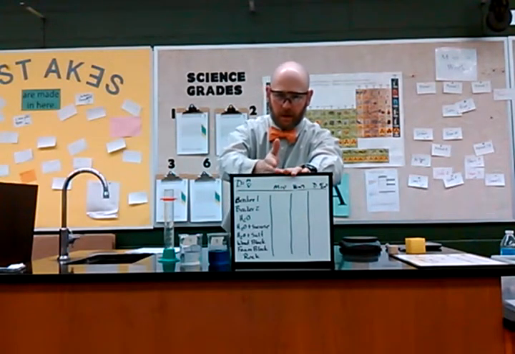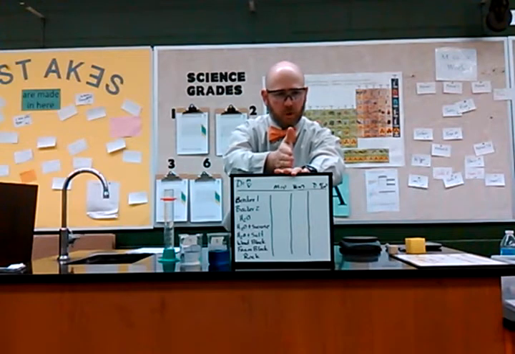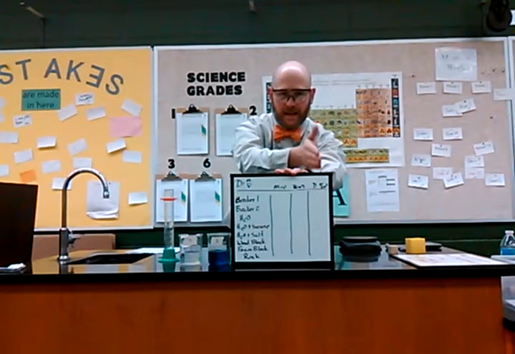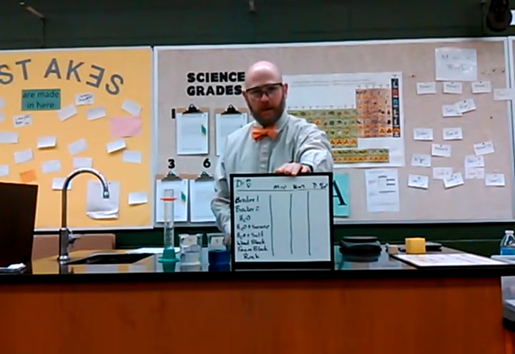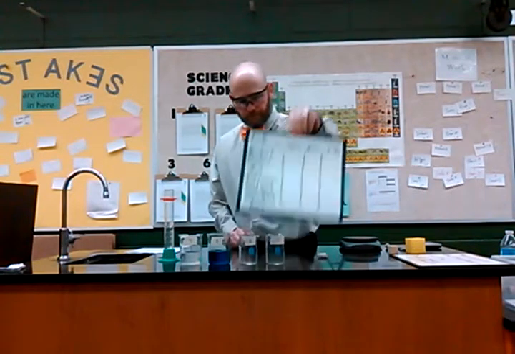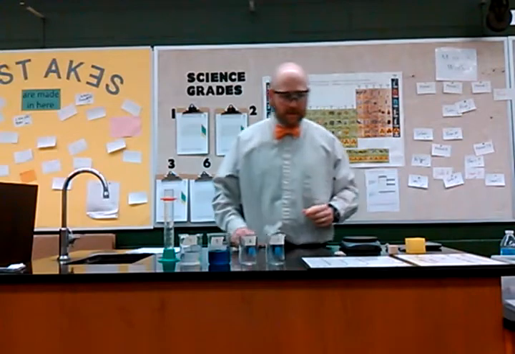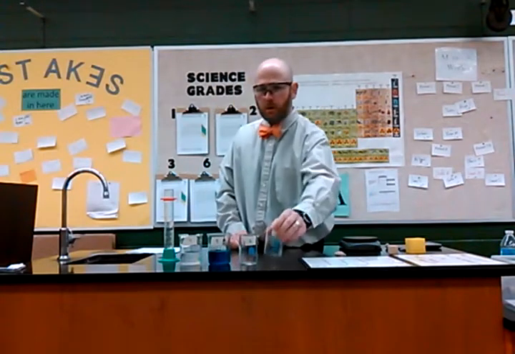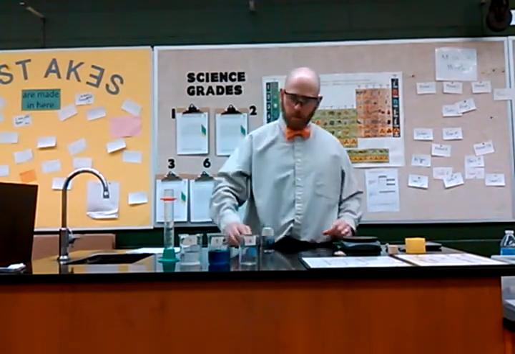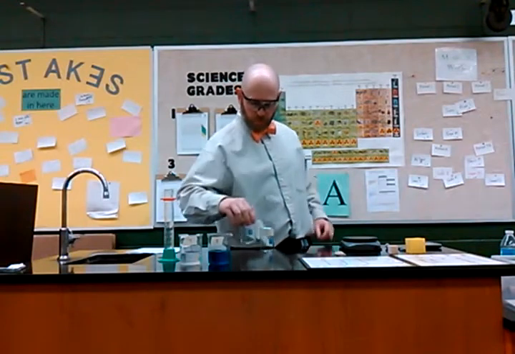And the mass is in grams, the volume in cubic centimeters, and the density will be calculated in grams per cubic centimeter. I had the mass of beaker 1 and 2 labeled because we are going to use them.